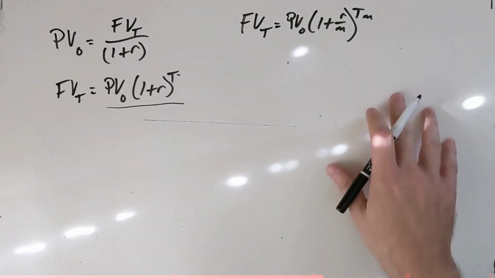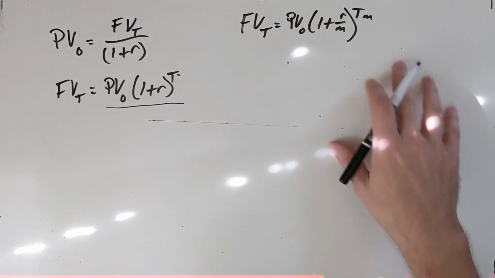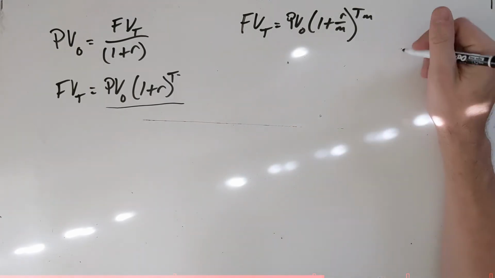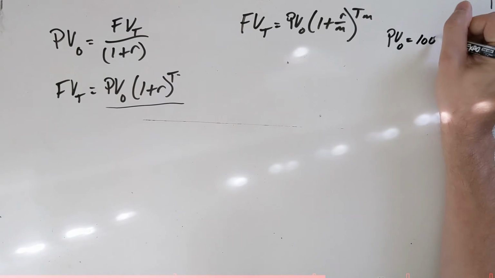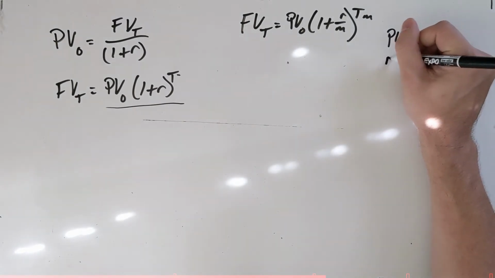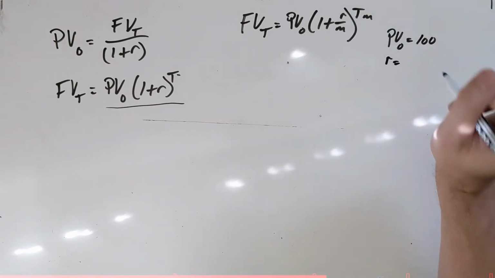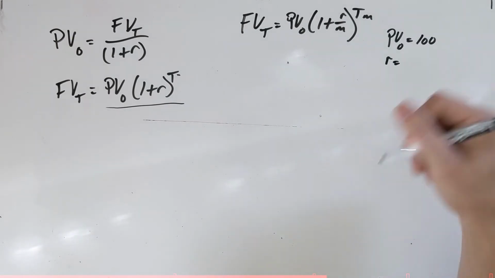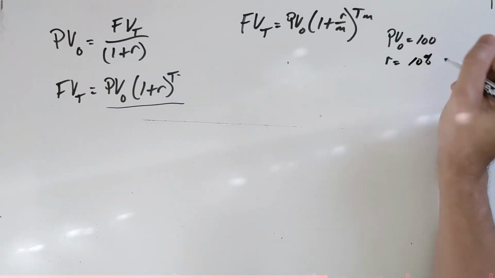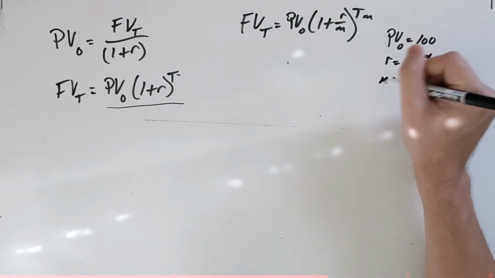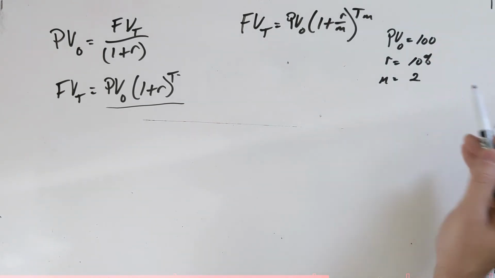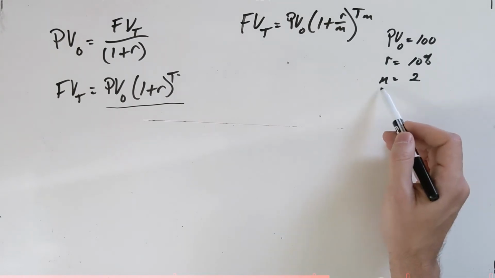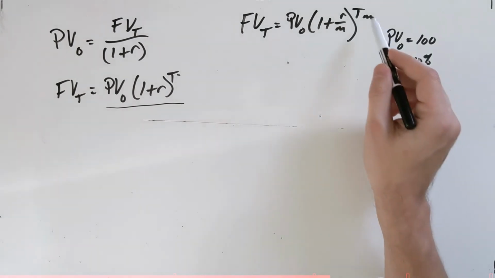Okay, so now we're going to start writing down and documenting our stuff, right? So the initial value of the loan is $100. R is the APR, their nominal interest rate that they tell us, which is going to be 10%. M is the number of periods per year. Well, if you're calculating interest once every 6 months, there are 2 periods per year.